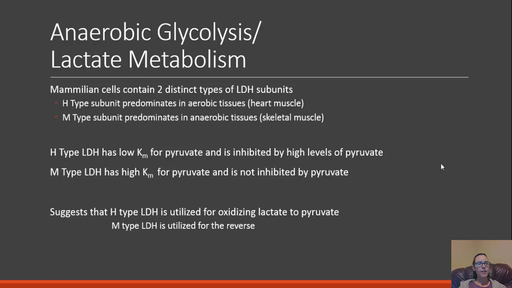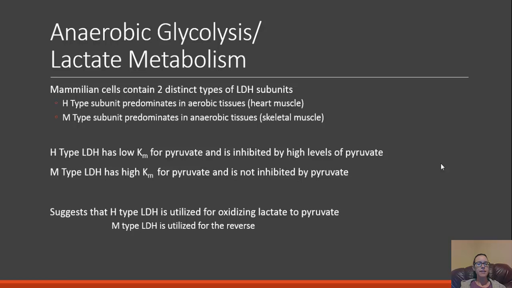The M-type subunits predominate in tissues that may be more likely to undergo anaerobic conditions, such as skeletal muscle during extreme exercise. They have a high Km for pyruvate, and they're not inhibited by pyruvate.